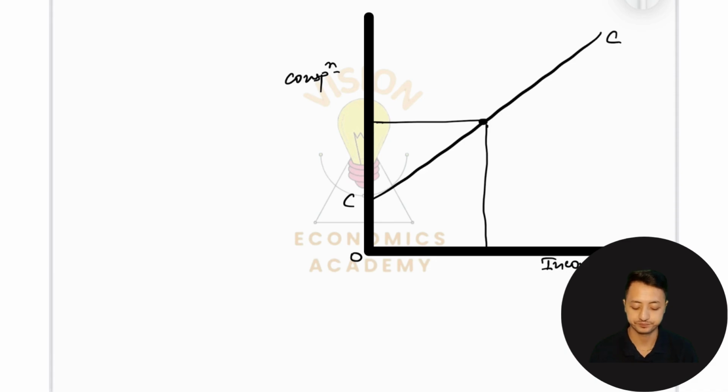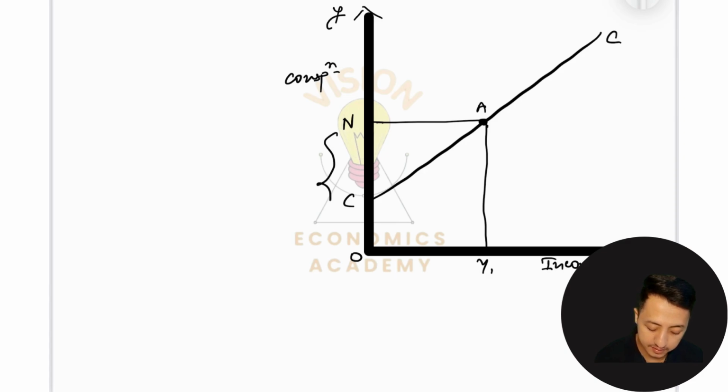Now let's take this point A, and at point A, let us give this ON, this is OY1, right? So at point A, your consumption is ON and your income is OY1.